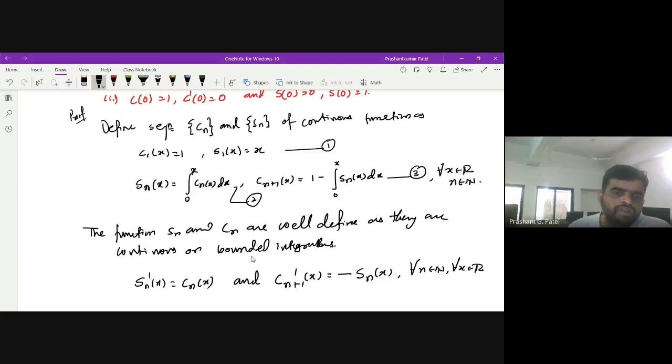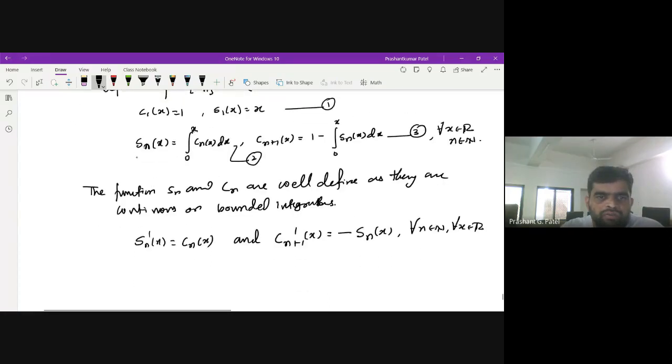And again, by using induction, if C1 is 1, we have the value of C1 of x as 1. And C2 of x, if you want to compute, then you substitute S1 in equation 3.